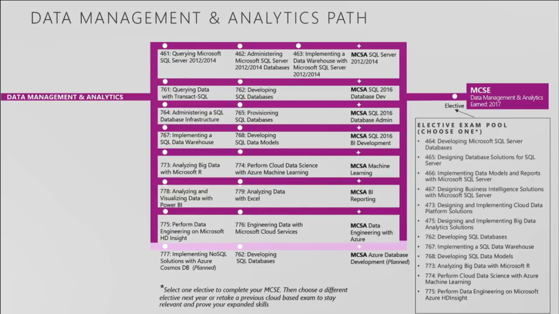You end up doing 775 at the bottom, for example, and then you do 776, and you get a different MCSA. So the whole upgrade and keeping current process has really changed fairly recently, and I think the focus is to try and simplify what you're getting an MCSA in.